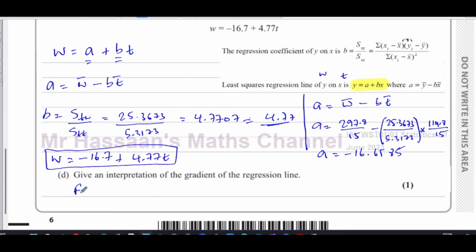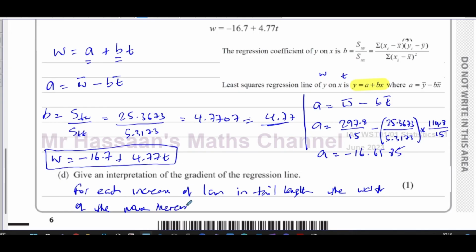So we can say for each increase of 1 centimeter in tail length, the weight of the mouse increases by 4.77 grams.